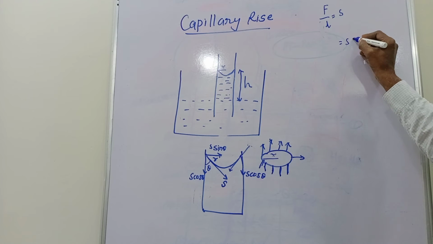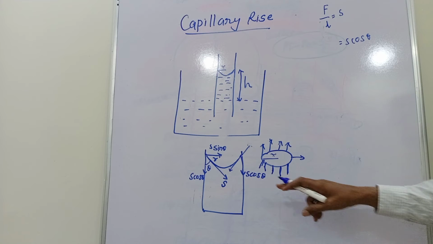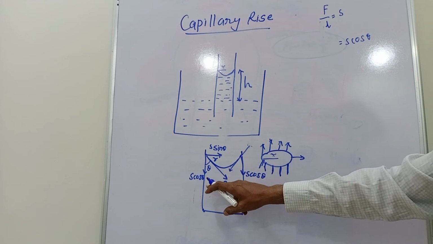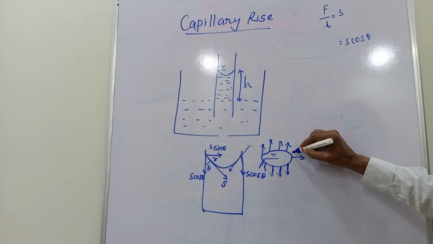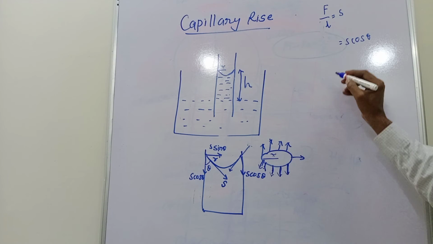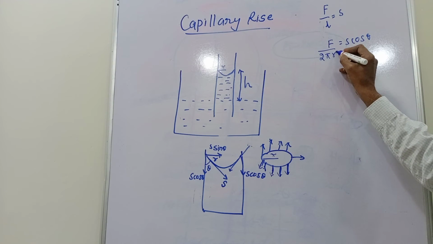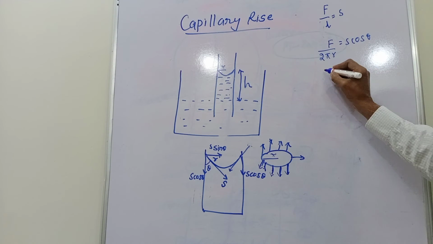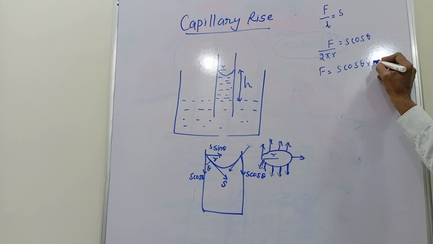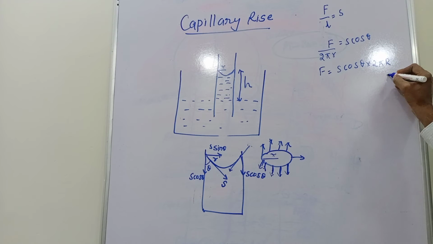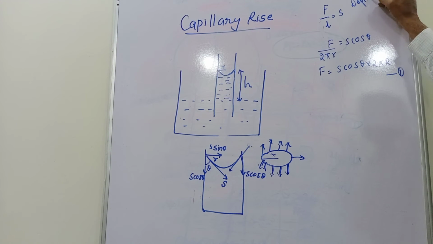Surface tension S is acting here, but its component S cos theta is acting in this direction. So S cos theta is acting over the length, and the length will be 2 pi r. So this force F is equal to S cos theta into 2 pi r. This will be our equation 1, from this definition.